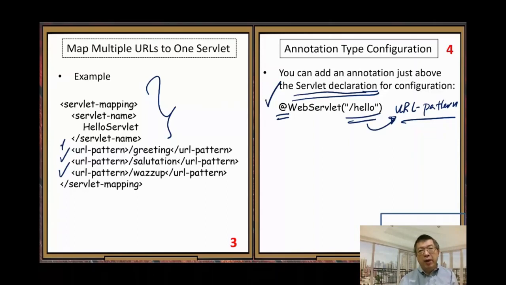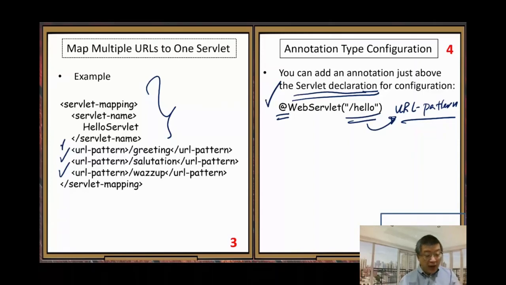Later, when we compare these two ways, you will see advantages and disadvantages for both. But the explicit way has its own importance. We still need the explicit way sometimes. Sometimes we really need explicit configuration.